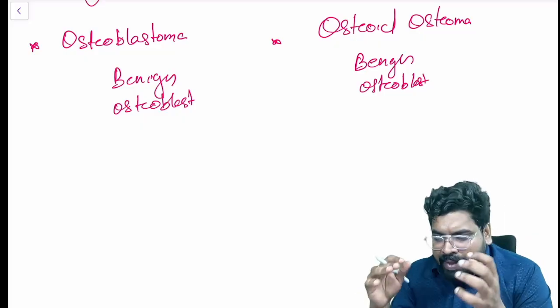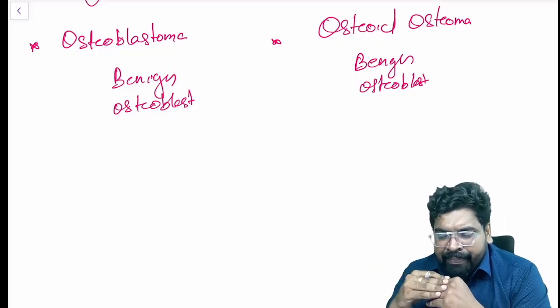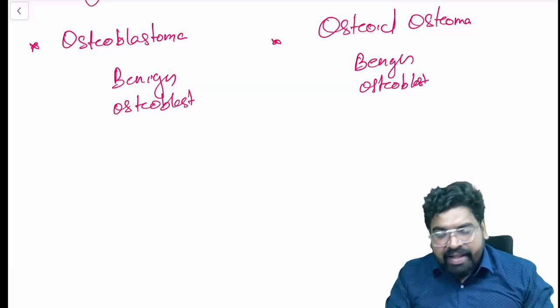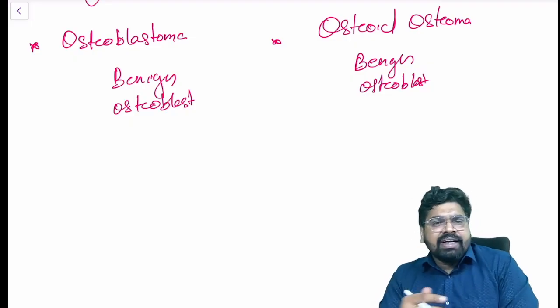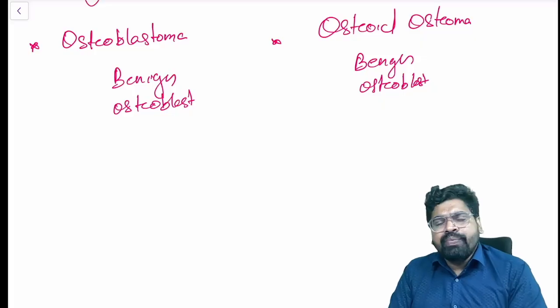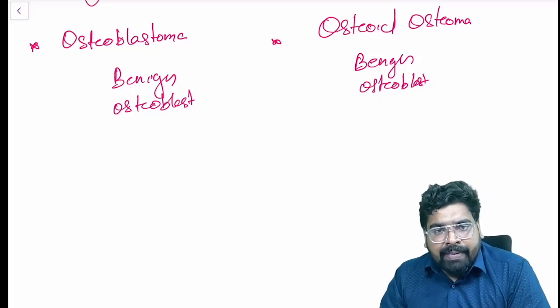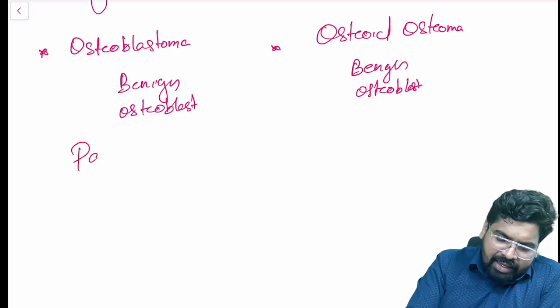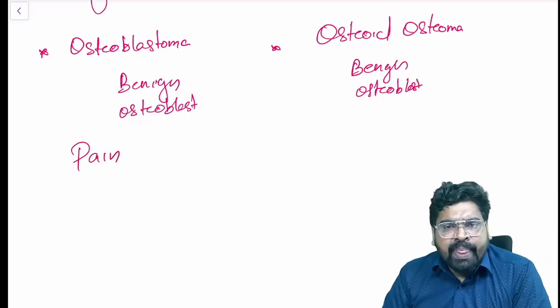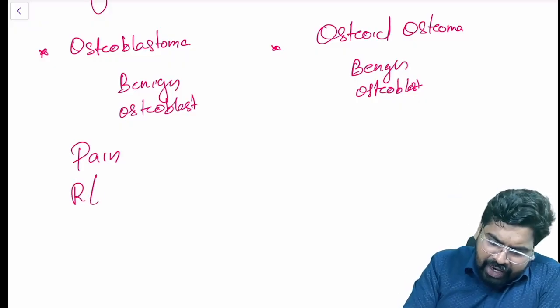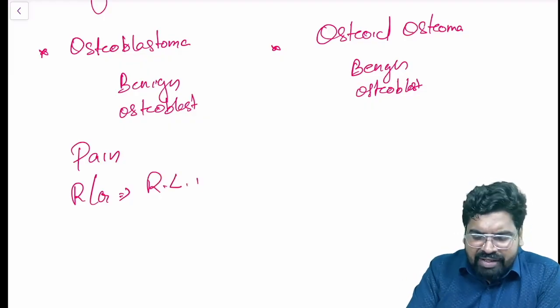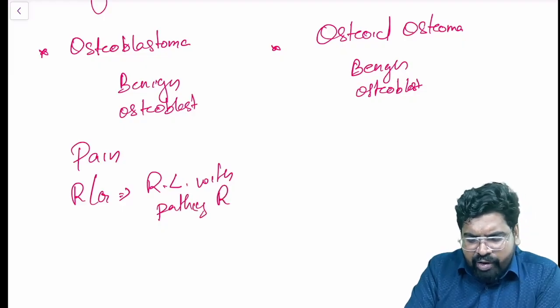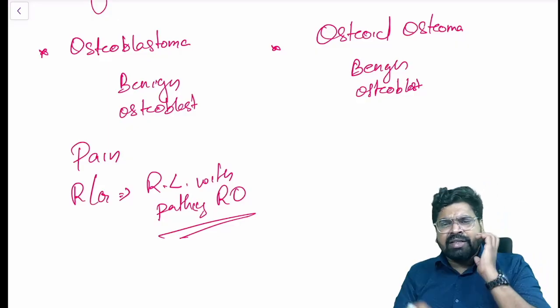The main difference here is the clinical features, and they have asked questions on this. A patient comes to you with pain in the jaw region, and when you take a radiograph, you see a radiolucent lesion with patchy radiopacity in the mandible region.